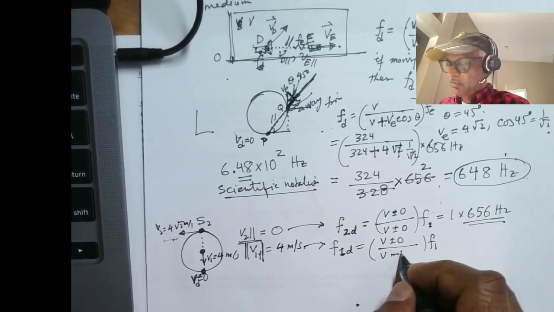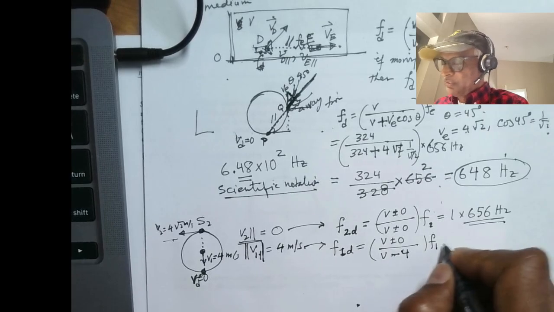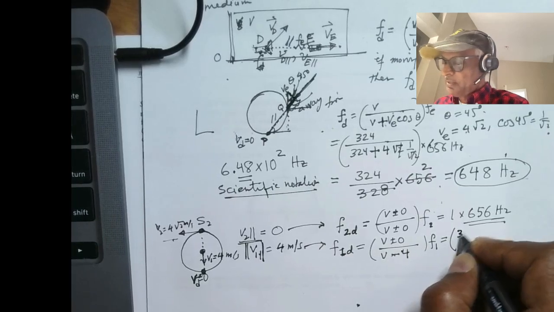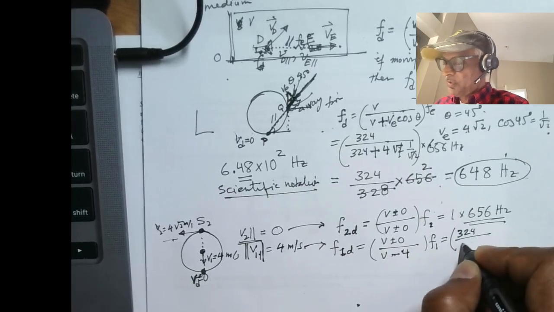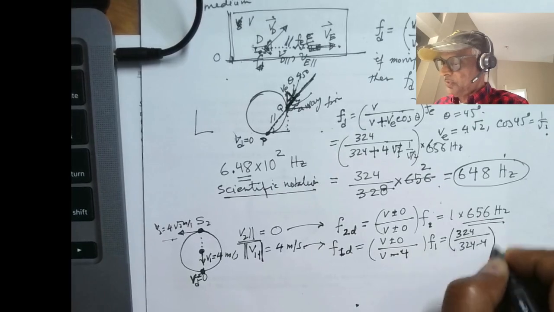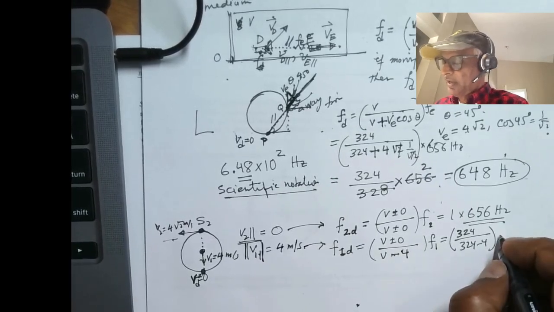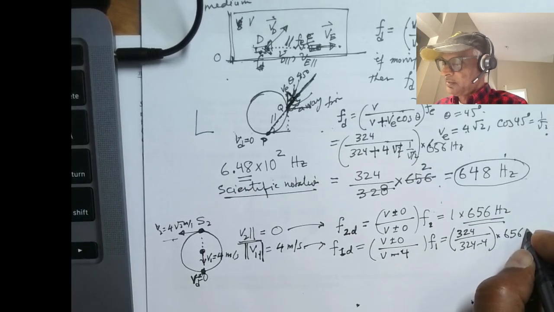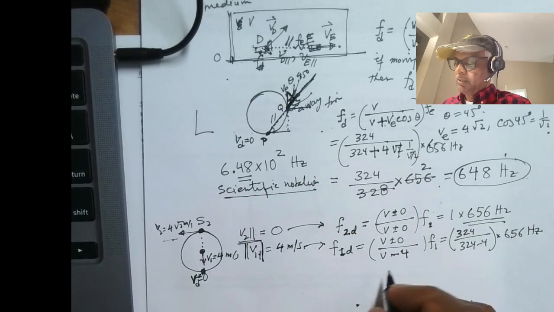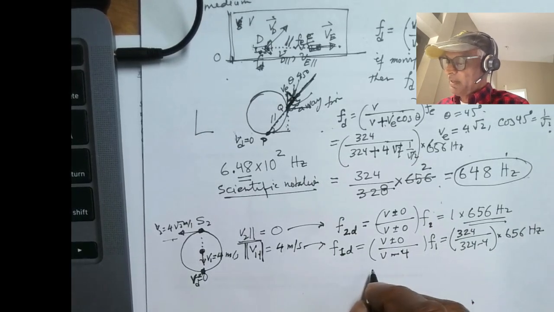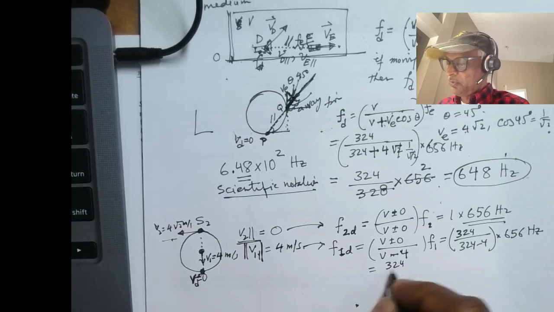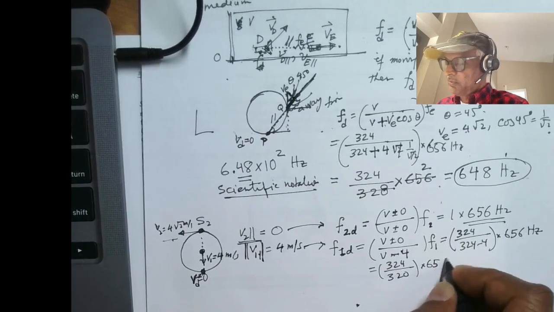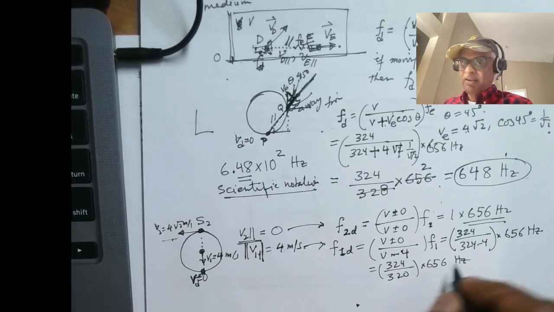So minus 4, and so this will be equal to 324 over 324 minus 4, times 656 hertz. So let's see, so this is 324 over 320 times 656 hertz.